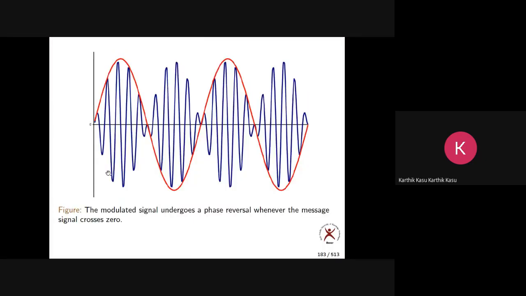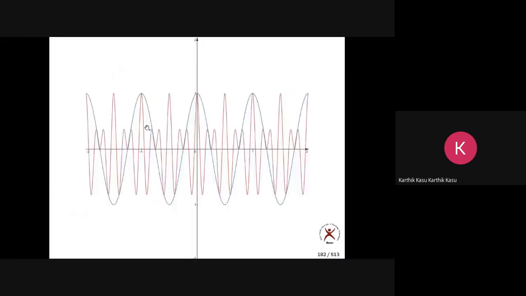And one more thing is, whenever this message crosses 0, there is a phase reversal for the carrier. Here also, whenever message crosses 0, there is a phase reversal.